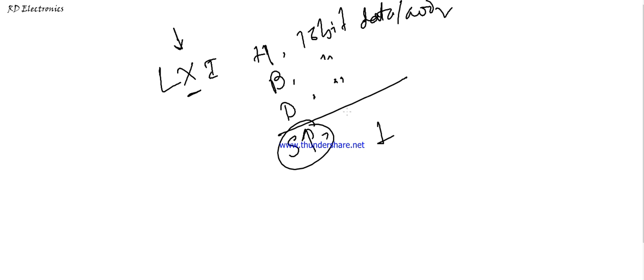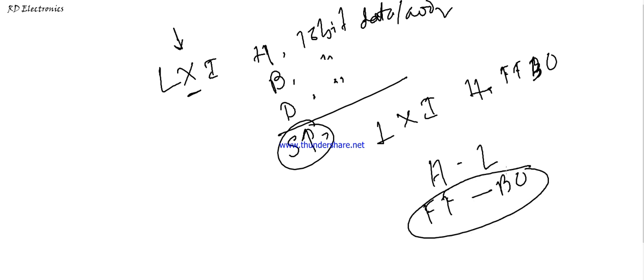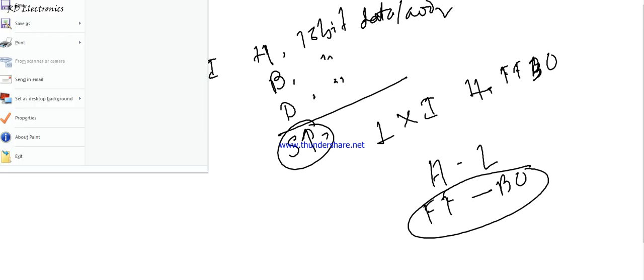But in this lecture we already discussed the user defined, programmable registers. So if we write LXI H, FFB0, that means our HL pair content is FFB0. So these all are the data transfer type instructions.